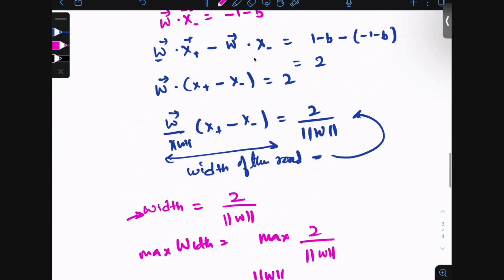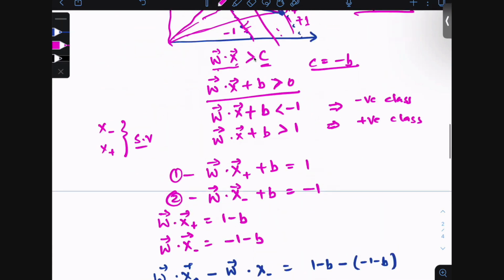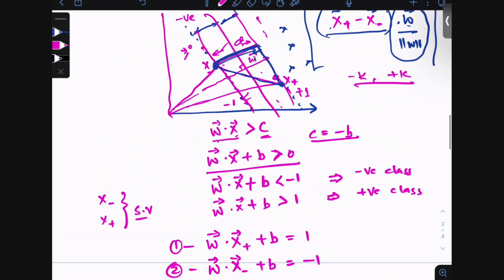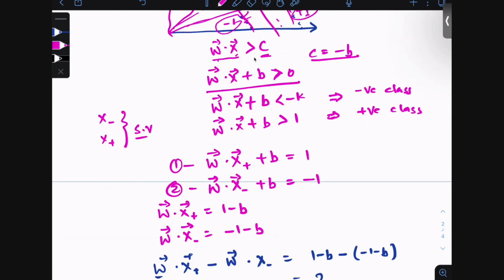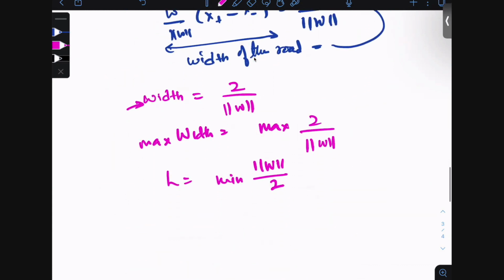Now friends, initially I was saying that this 1 doesn't matter. Let's say if you would have taken k over here, what would have come? It would have just come 2k. That's it. It would have been a constant over here. And when we are doing a minimization problem, you know that the constant doesn't matter, right?